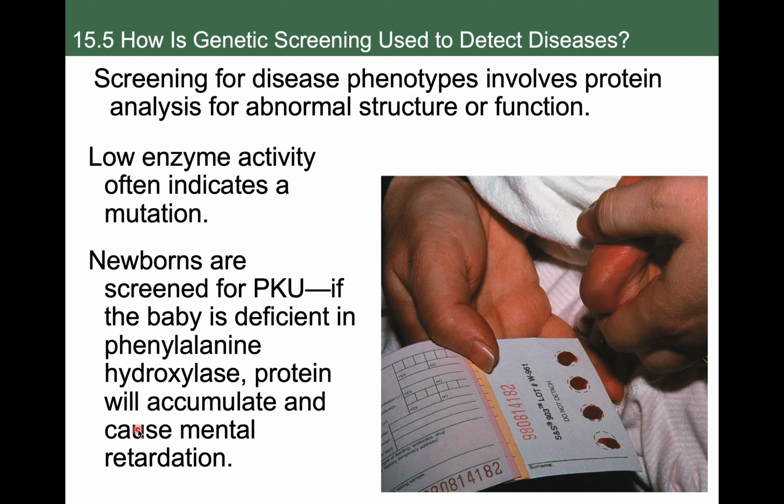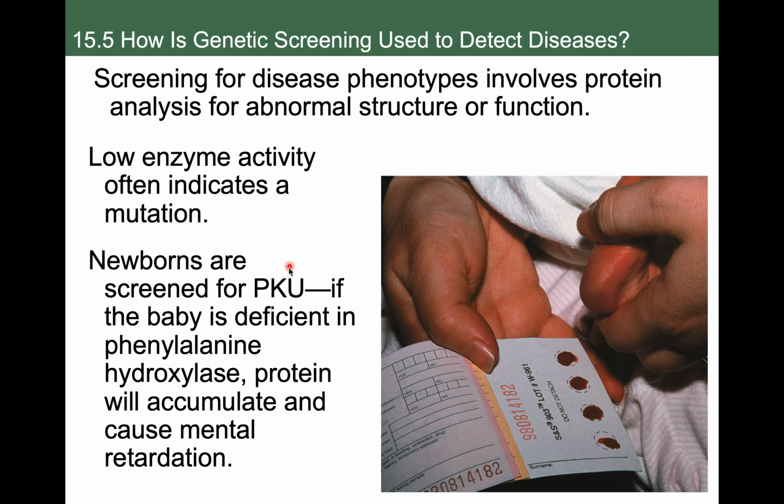Let's talk about screening for a phenotype first. So, as I said, that could involve actually looking at your phenotype, your appearance or something in terms of your gross physiology, but it could also involve looking at the phenotype of a specific protein or a specific enzyme. So the example I've got for you here is a relatively common metabolic disorder that's caused by a mutation.